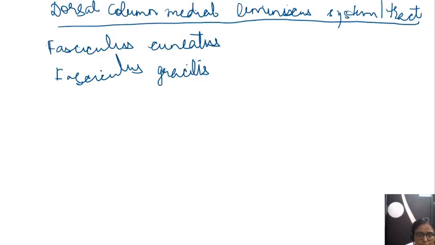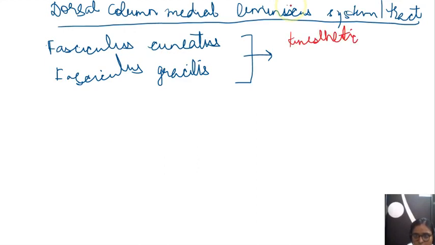So first of all we have to know about the function of it, what are the things that this tract is responsible for. So let's see, this tract is responsible for your kinesthetic sensation.